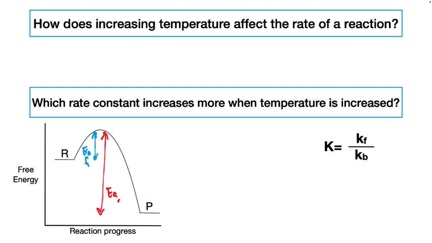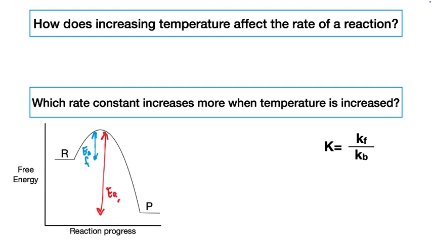As I increase temperature, are those rate constants going to be equally affected? It's a hard question. Chew on it a little bit, talk to your table. Which rate constant is going to increase more? What do we think?